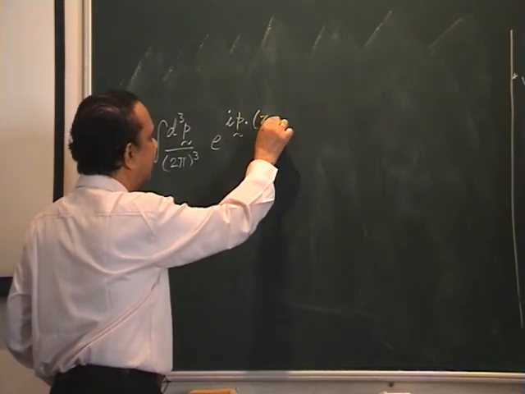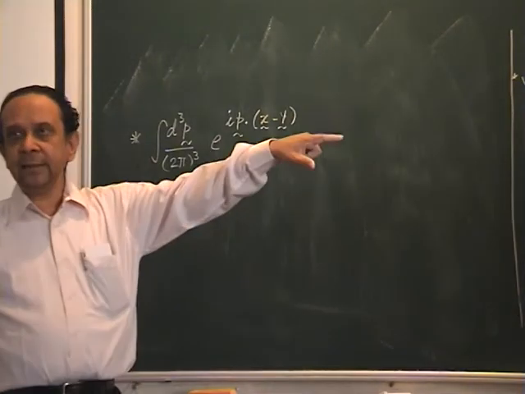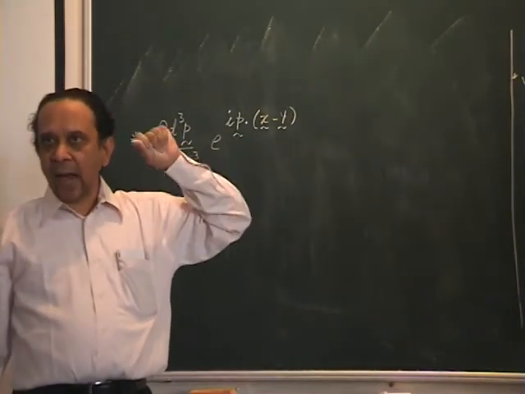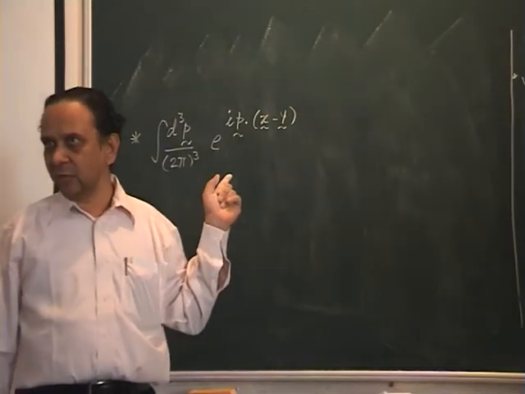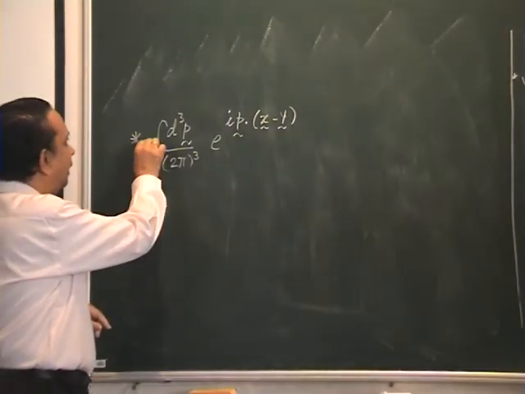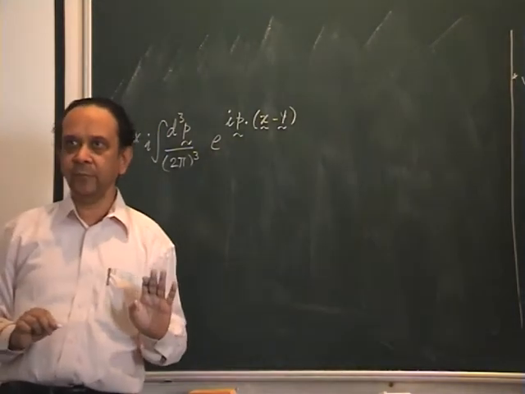This is how you end up getting the Dirac delta function. When you take the time derivative, it will bring down an i times omega. Omega cancels out, but that i will hang around. That is how you get a factor i, and this would have been an i times Dirac delta function of x minus y.